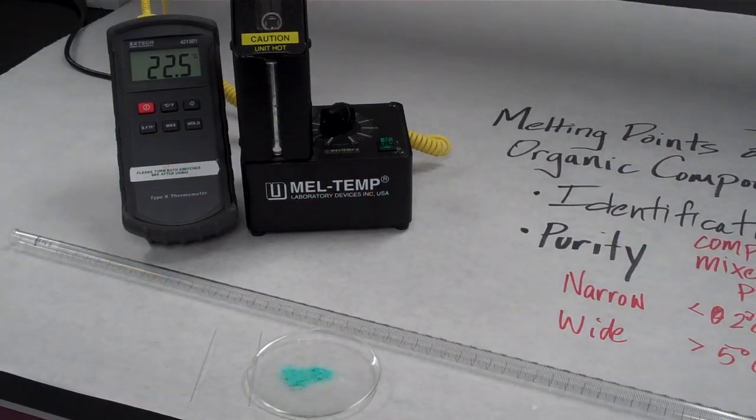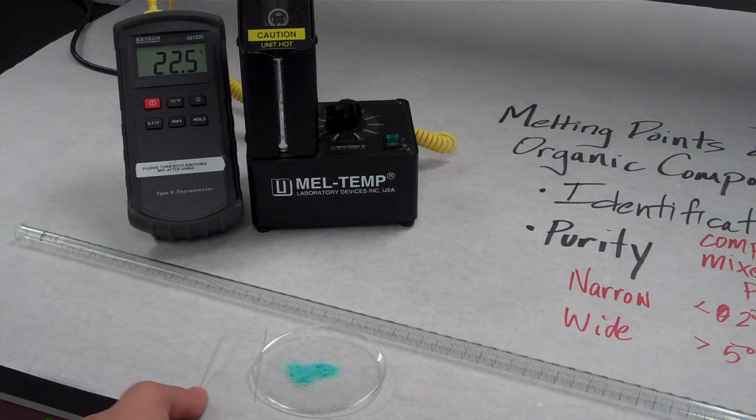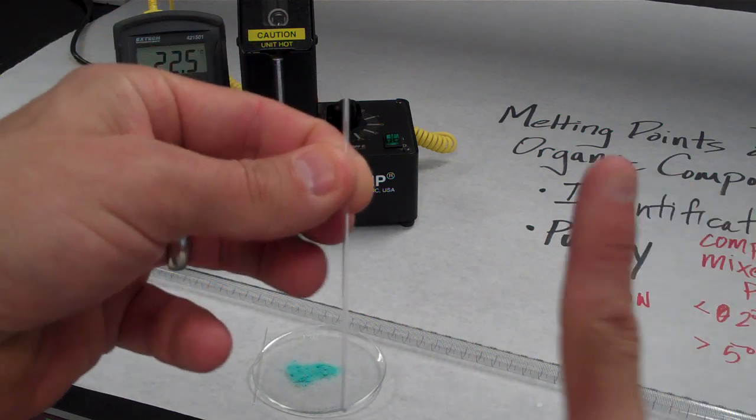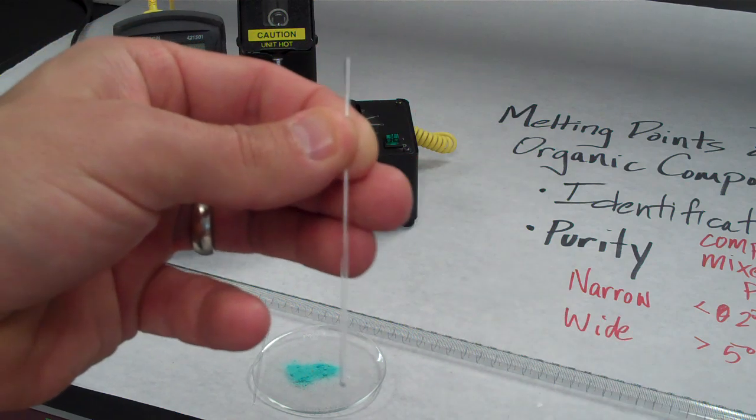So, as I zoom back out a little bit, we can see the melting point analyzer, as it's called, the piece of equipment that we'll be using today. Now, in conjunction with the melting point analyzer, we use very thin or small capillary tubes. As you can see, I'm holding one of these up, and it's only about as big as a finger.